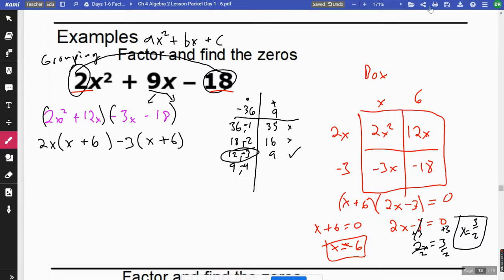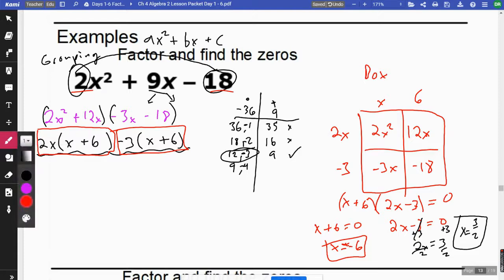And if you notice, we have this big long expression, right? And so if I'm just looking at this chunk right here and this chunk right here, it's like I have a subtraction. It's like this big term minus this big term. But each of these terms then have something in common. Namely, they both have an x plus 6 in common.